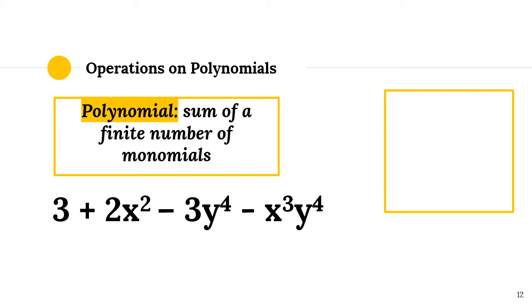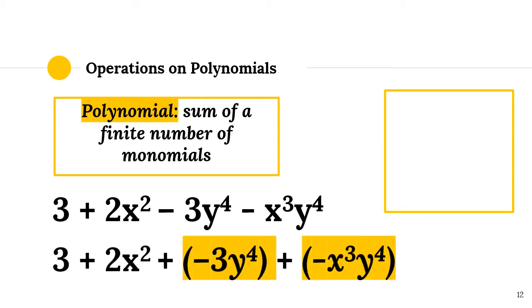But remember that a subtraction can be expressed in terms of addition, because subtraction is simply the inverse of addition. And this polynomial can be rewritten such that all of the terms in here are combined with the addition operation.